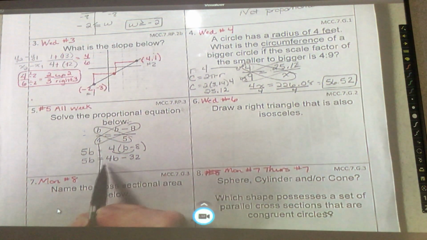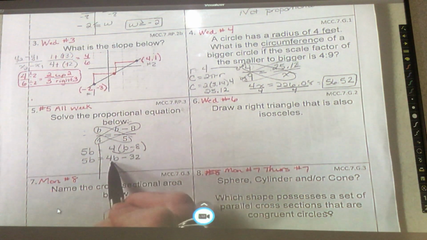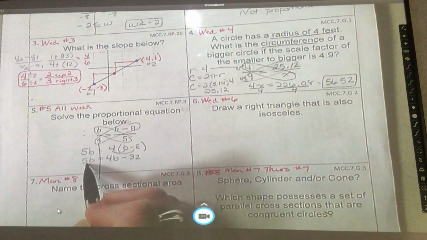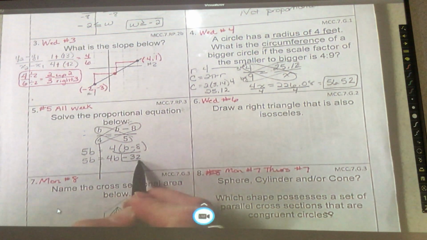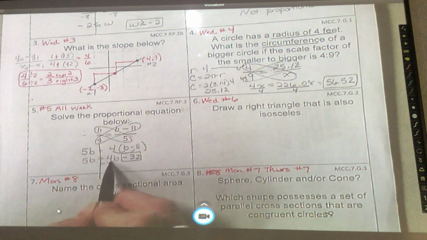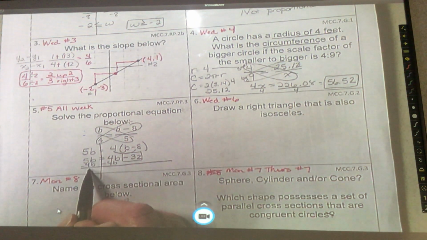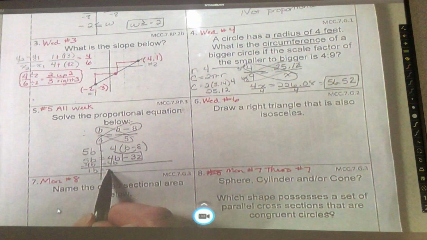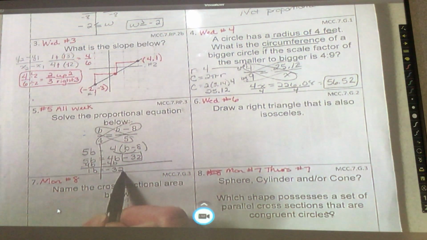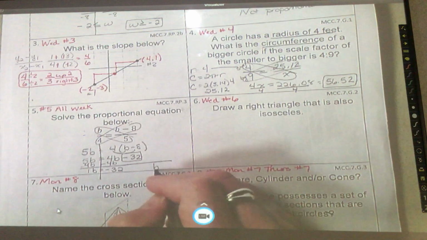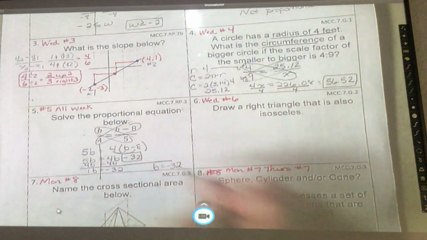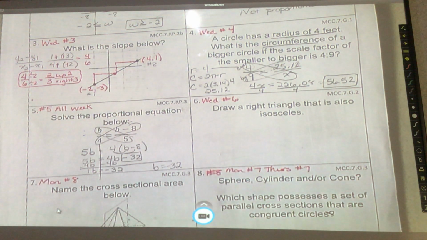So I'm gonna move my 4b over with my other b. So I'm going to box my negative 32. So subtract 4b, subtract 4b. So then I have 1b equals a negative 32. So isn't that just saying b equals a negative 32? I didn't have to divide by that one.